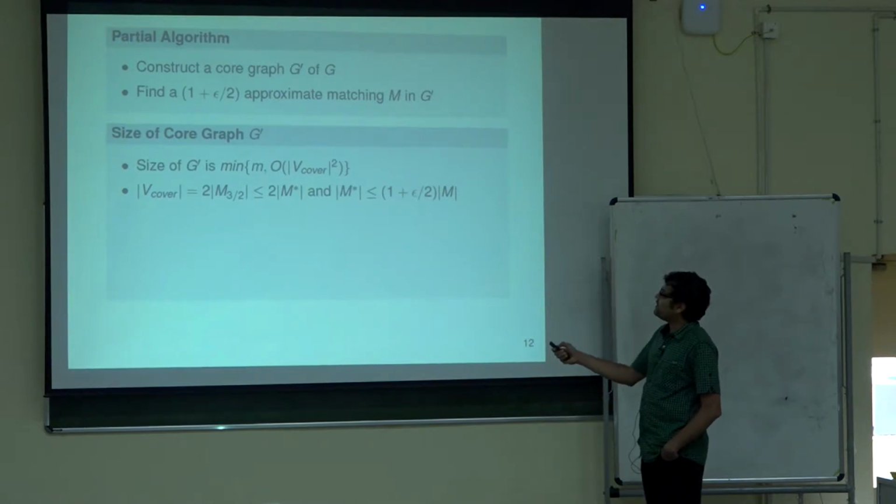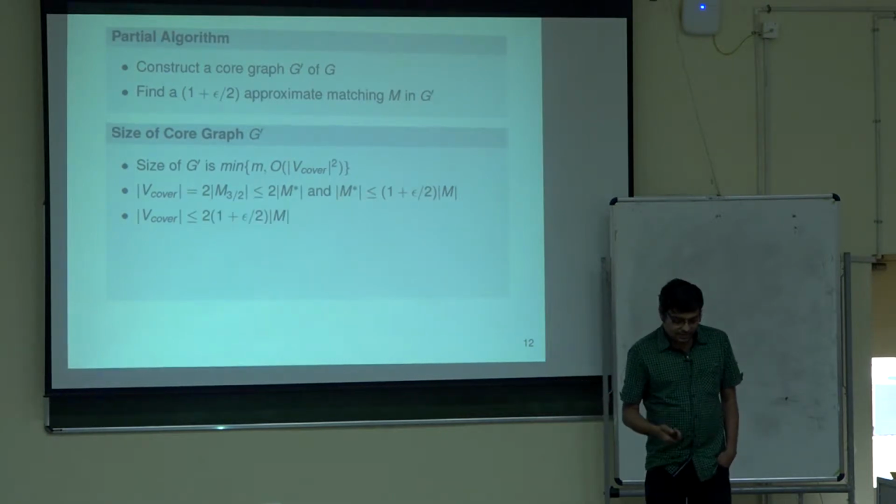But in this step, I am finding a matching which is (1 + epsilon/2) approximate, which means the size of M is always greater than the size of M star divided by (1 + epsilon/2). So this relation also holds. Now I'll just do some manipulation.